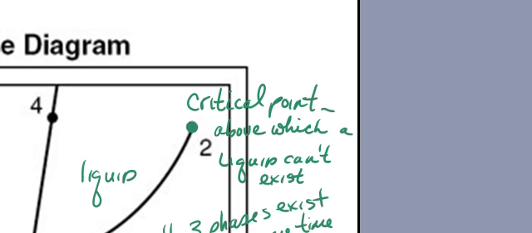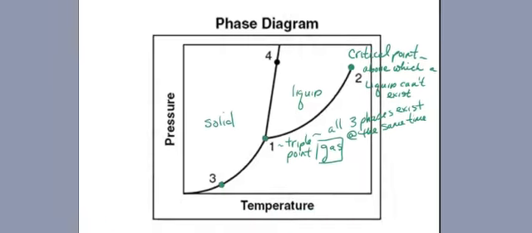All right. Now the other points on here. Number 3 is the point at which phase changes are going to be occurring. Anything along this line, including number 3, you're going between solid and gaseous phase. So if you go in this direction, you're undergoing sublimation. And if you go back the opposite way, you're undergoing deposition, or depositing.